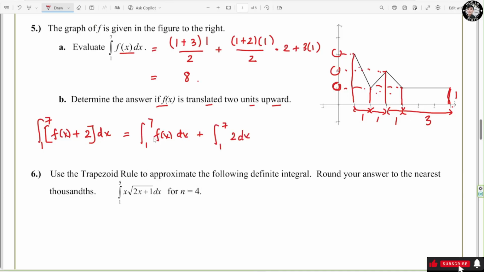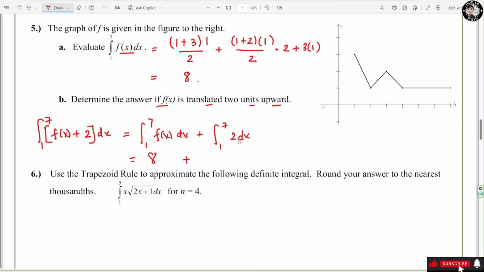Now this one we already calculated above, it's going to be 8, right? Plus, now for this one, it's actually the area of a rectangle from 1 to 7, right? So the length is going to be 7 minus 1, which is 6. The width is going to be 2, right? So it could be 2 times 6, right? And it's going to be 20.